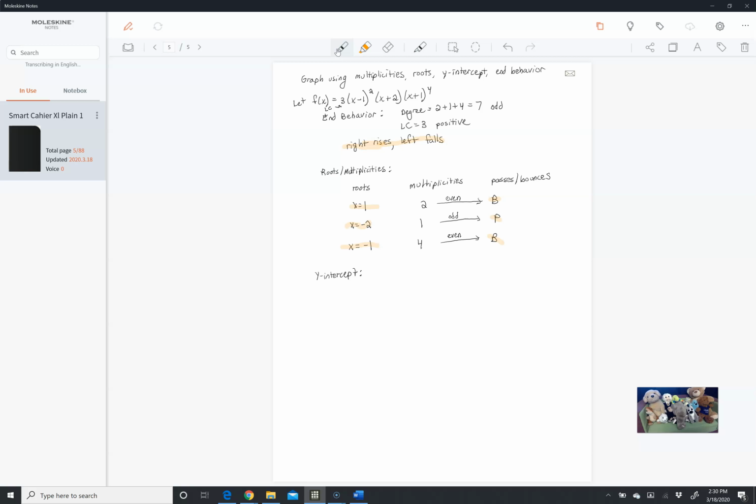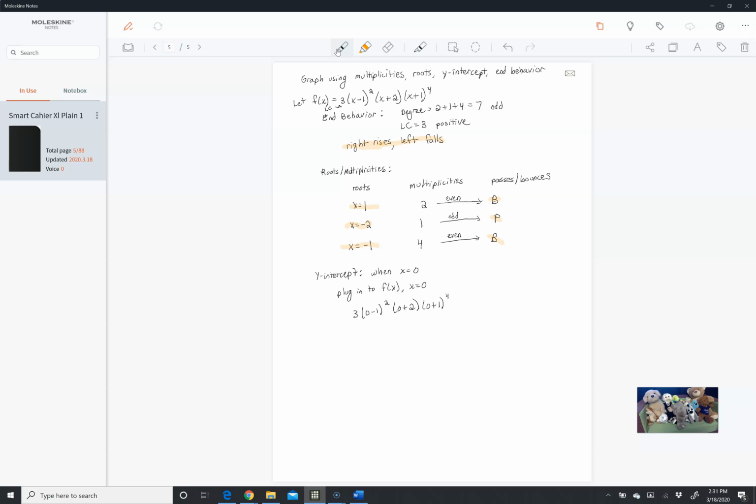So our y-intercept is when x is equal to 0. So we're going to plug 0 in to f of x. So we have 3 times 0 minus 1 squared times 0 plus 2 times 0 plus 1 to the 4th.